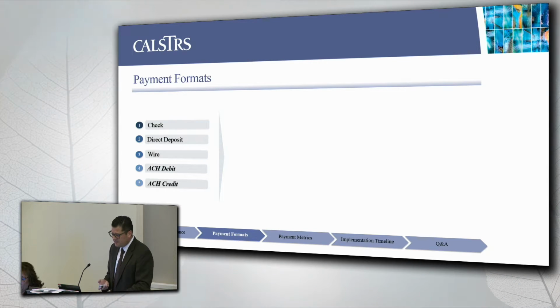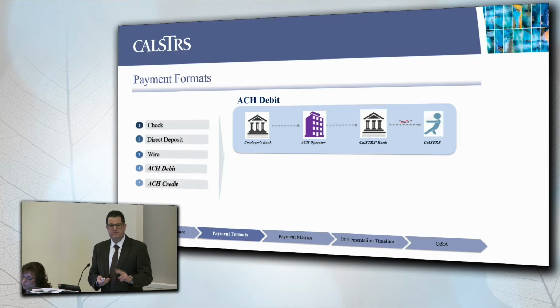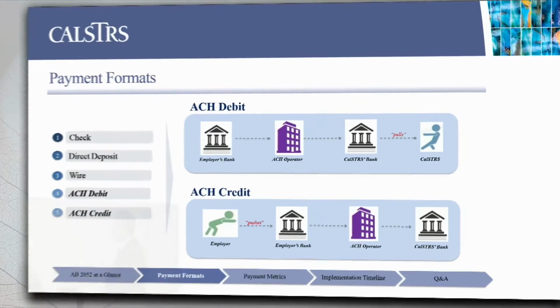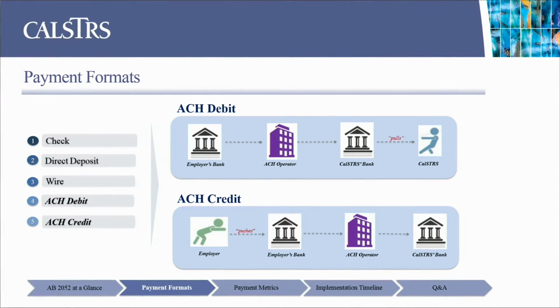So ACH debit and credit, that's really what the legislation is about. It's just two different flavors of the same thing. So ACH debit, the best way to think about that is you are initiating and scheduling the payment, but we actually pull the transaction through from your bank to our bank. So again, we're pulling that transaction through the system. An ACH credit starts out the same.